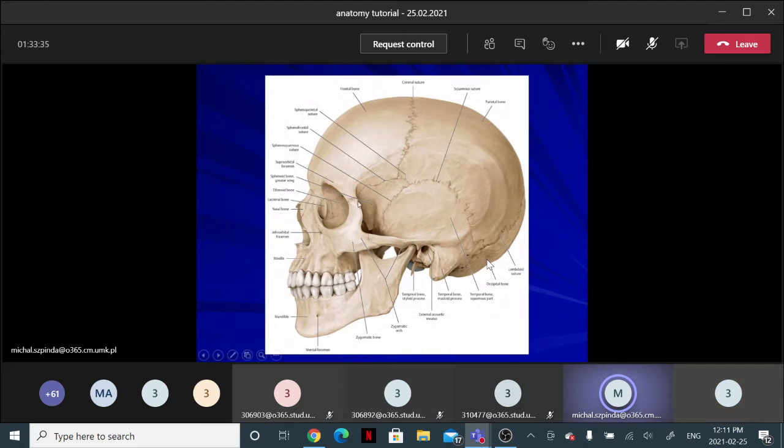Such a bone visible here is the temporal surface of greater wing of sphenoid. The greater wing has as many as 5 different surfaces. One of them is visible here. It's called the temporal surface.